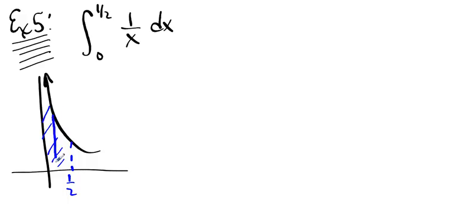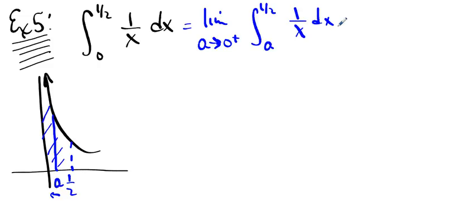So we pick some value a, do an integral from a to a half, and then push a closer to 0, and we see what happens. This is the limit as a approaches 0 from the right of the integral from a to a half of 1 over x dx. And we again know what the deal is with 1 over x.